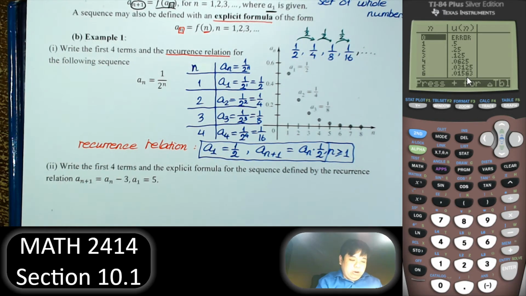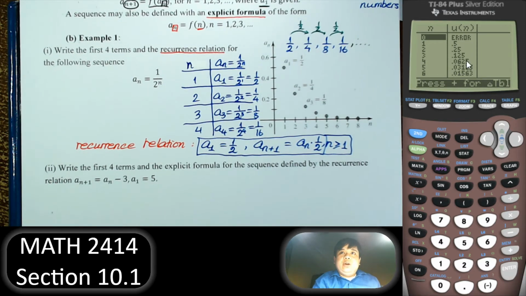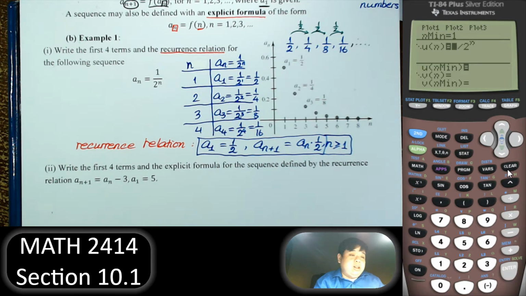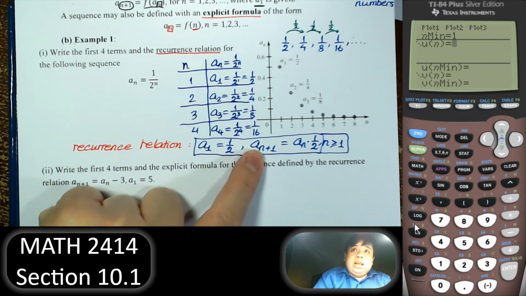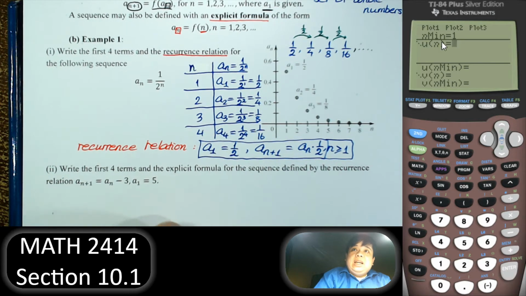Right, simple enough. Now, we can also put the recurrence relation in a calculator. So we say this term is equal to half of the previous term. In the calculator, we have to do it a little bit differently.